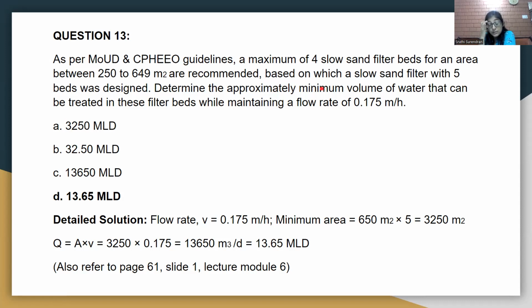So here we are just using the basic formula of discharge, that is flow rate is equal to area into velocity. Here they have given us a flow rate in terms of velocity. So we'll multiply the velocity with the area, which we have from the CPHEEO guidelines, and the number of beds that is given. Multiplying those values will give us one value. That value is 13.65 million liters per day. So option D will be the correct answer.